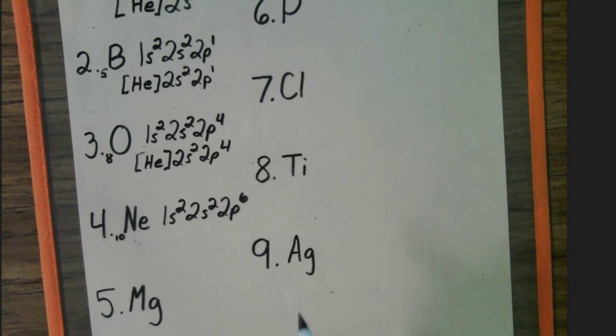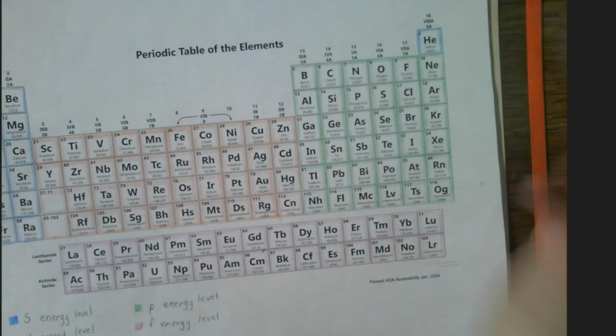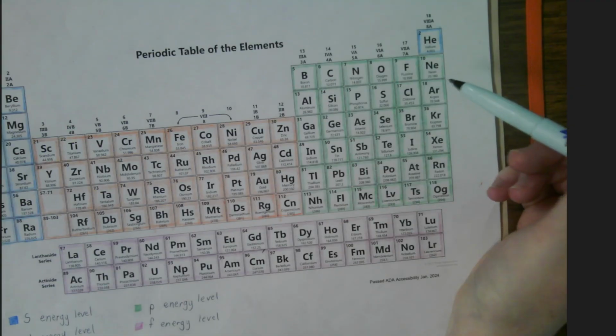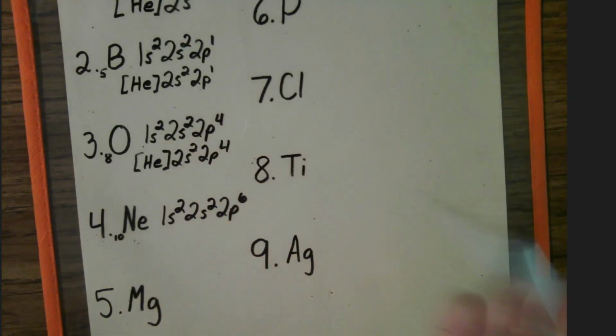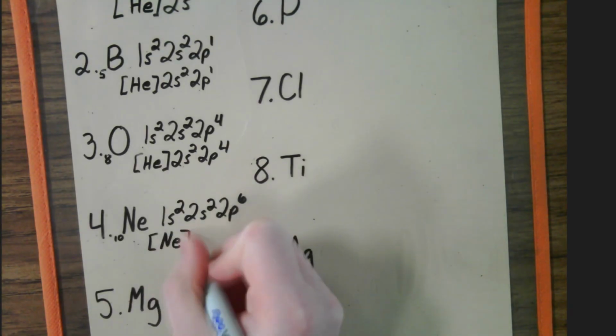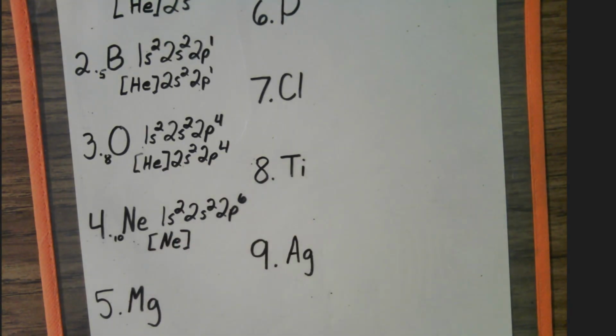Now the noble gas notation, you may have noticed when I pulled out my periodic table here, that neon is already a noble gas. So this one's pretty simple for the noble gas notation. All you're going to do is put a bracket, Ne, and a bracket. And that is it for your noble gas. Because this is the same as writing that.